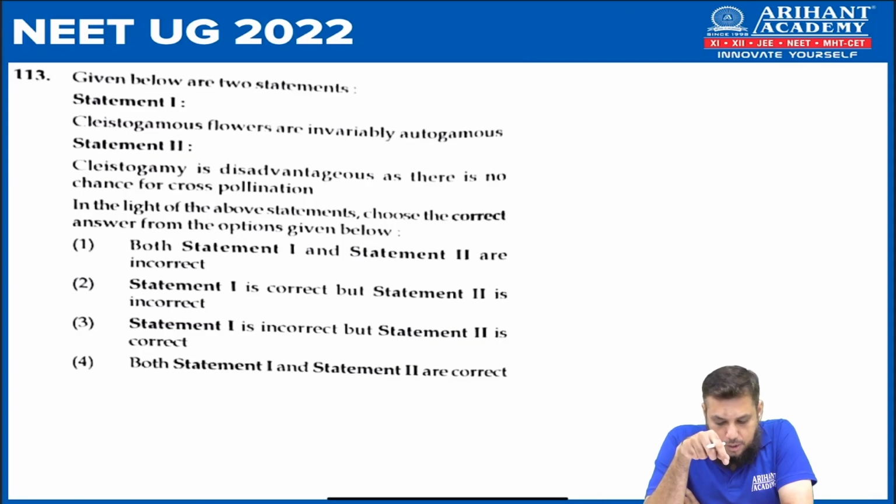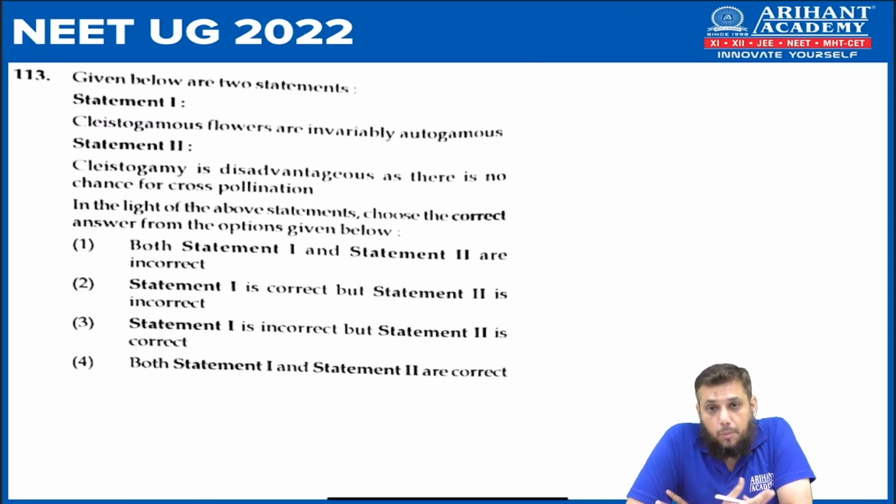The cleistogamous disadvantage is there is no chance for cross-pollination. The plant desires cross-pollination so that it can bring about variations. With cleistogamy, yes, it will assure that the perpetuation of species will continue, but it is disadvantageous in the sense that it will not bring about new variations.